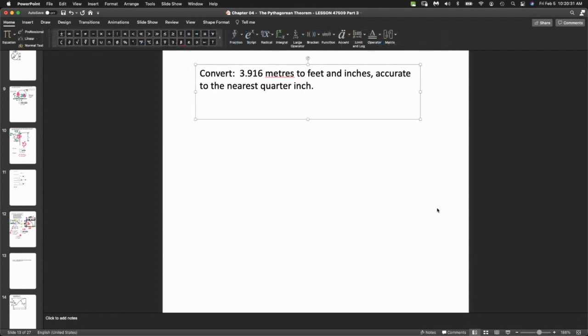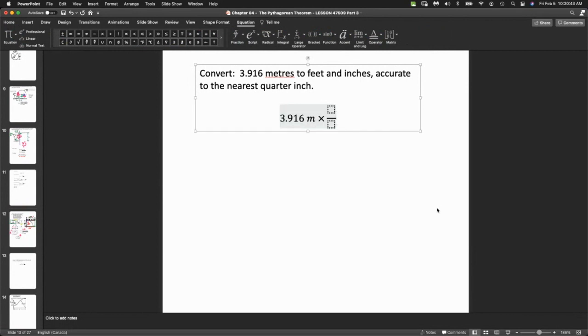So first we need to convert meters to feet. So 3.916. This is a little bit extra compared to your assignment, but it's good practice for you. Okay, most people know this conversion. If you don't know this conversion, you should know this conversion.